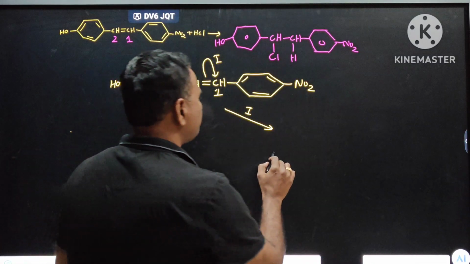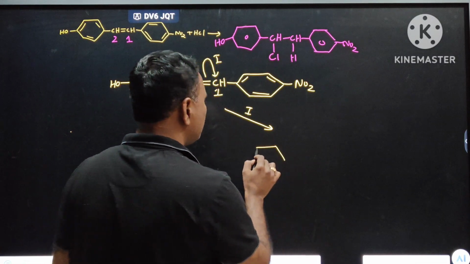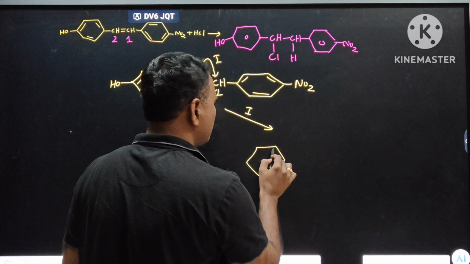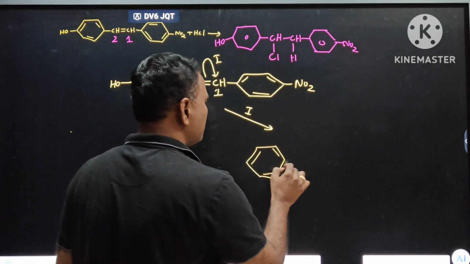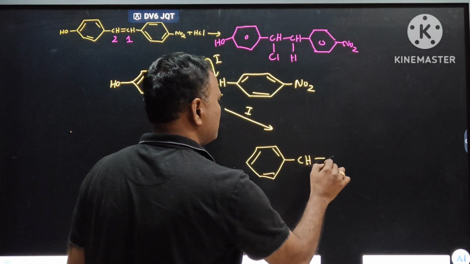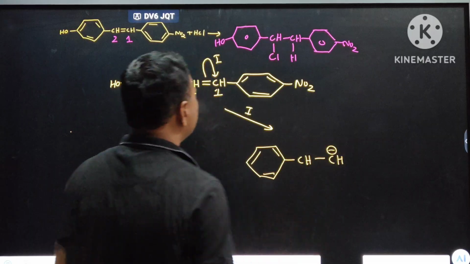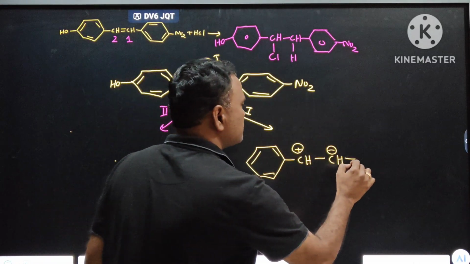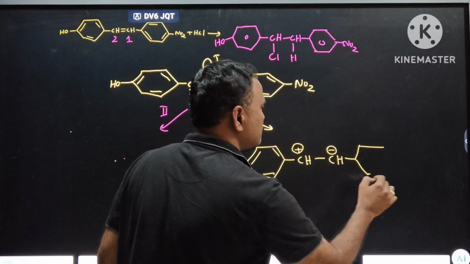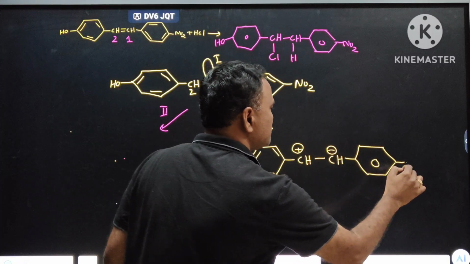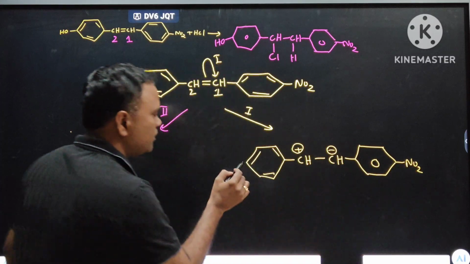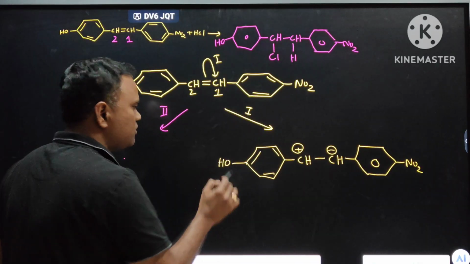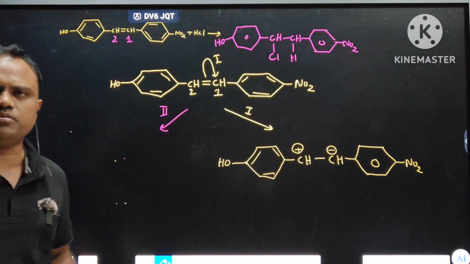Negative charge. And the second carbon gets a positive charge. This is NO2 and here OH. This is the first possibility.